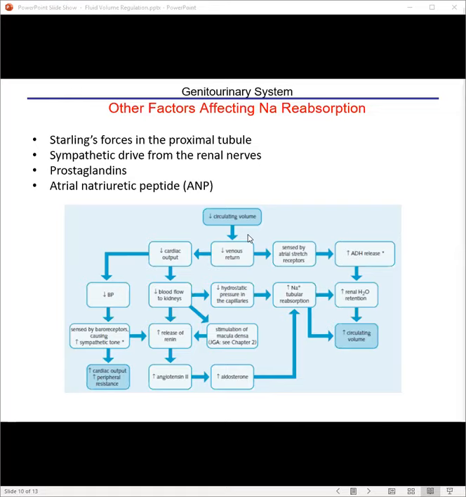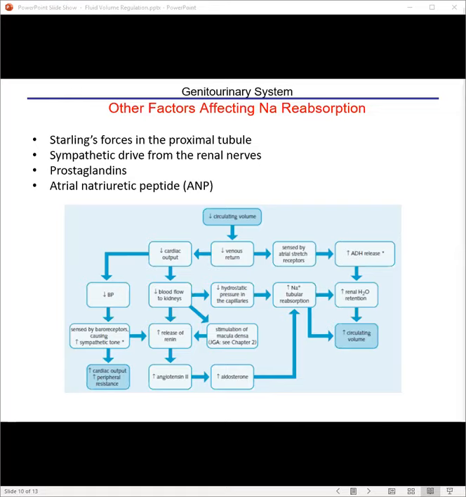In the kidney, prostaglandin synthesis happens in the cortex, particularly in the arterioles and the glomeruli. It is also synthesized in the medullary interstitial cells and in the epithelial cells of the collecting duct.